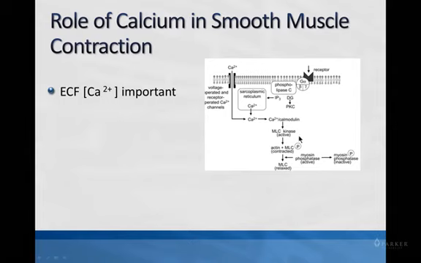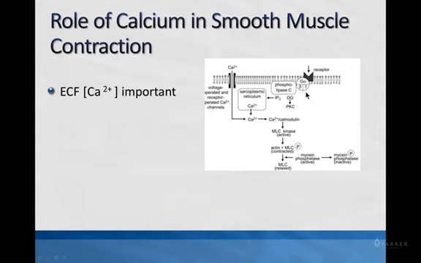If that is phosphorylated, it can now interact with actin, and you can get contraction. If you have activity of a myosin phosphatase, that will remove the phosphate, and then the smooth muscle would be relaxed.